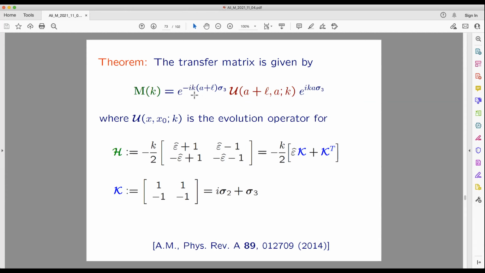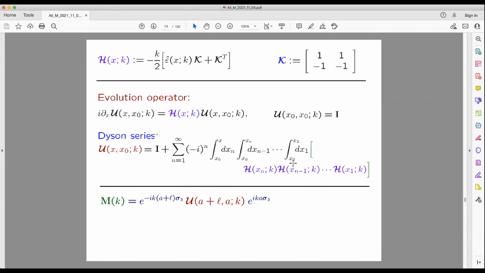Okay. Anyway, the transfer matrix is given by the evolution operator for this Hamiltonian, which you can easily write in terms of this matrix K. It's 1, 1, minus 1, minus 1, and its square is 0. So it's a nilpotent matrix. Epsilon comes here as a coefficient. Now, again, to get the evolution operator, I need to solve the Schrodinger equation, which is time dependent.